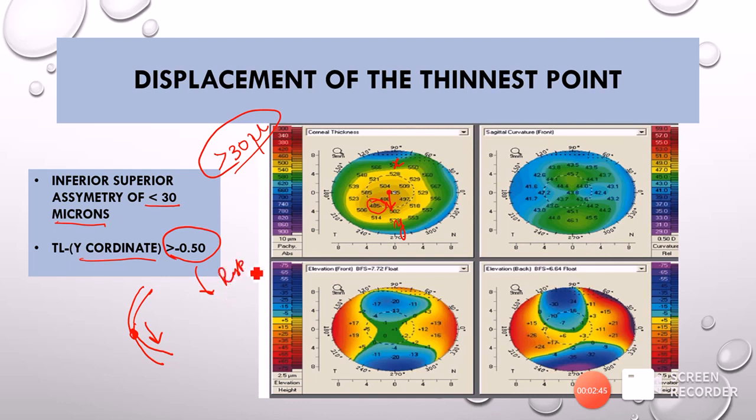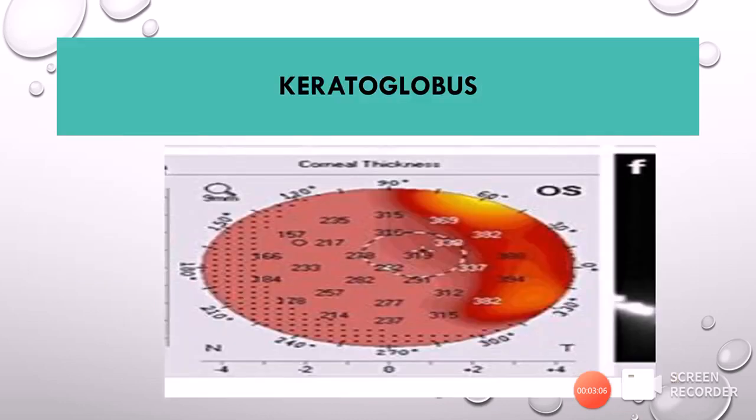Okay, I'm so sorry, this should be less. So what I mean to say is the displacement should be less than 0.50 and the superior inferior asymmetry should be less than 30 microns. I have given it a minus symbol because I am referring to the inferior displacement of the thinnest location on the cornea.